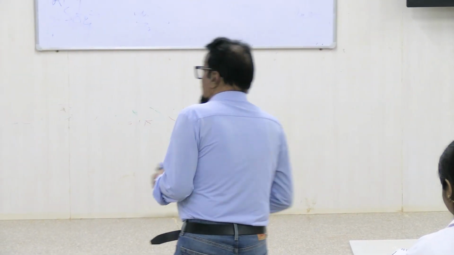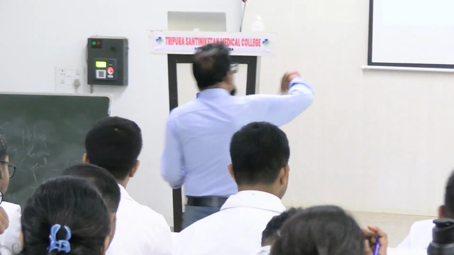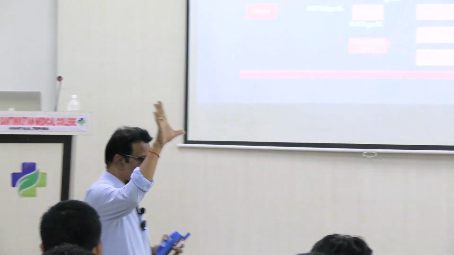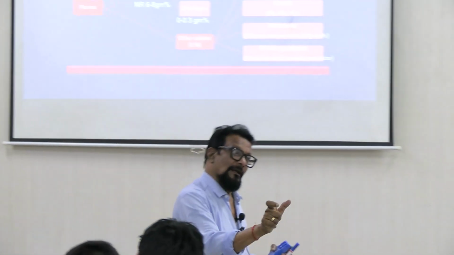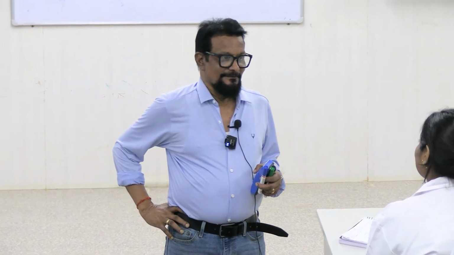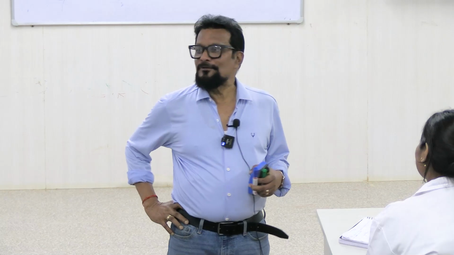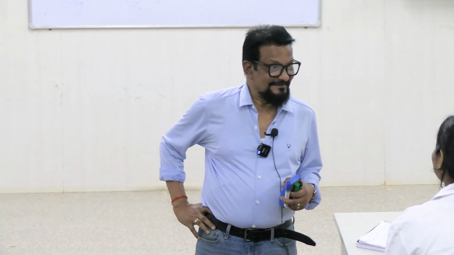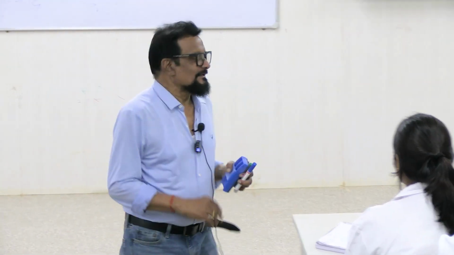Now we have come to know the normal different types of plasma proteins and their normal levels. Let us study one by one. Which one do you want? What to discuss? The function. So first we learn as a whole the function of plasma protein.